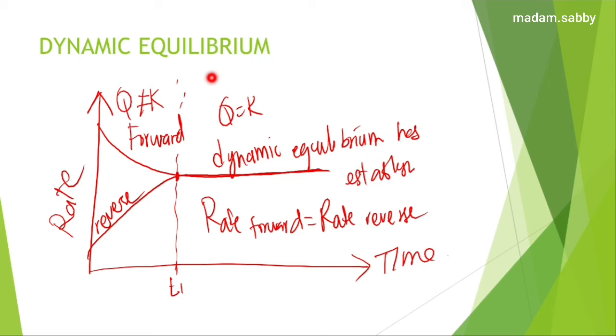Secondly, the reaction quotient is now equal to the equilibrium constant K. Thirdly, the rate of forward reaction is equal to the rate of reverse reaction. So what is reaction quotient and what is equilibrium constant? We're going to learn how to write down the expression for both of these at the end of this video and in my next video.